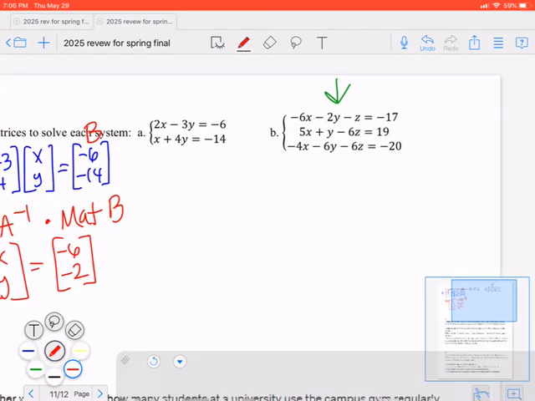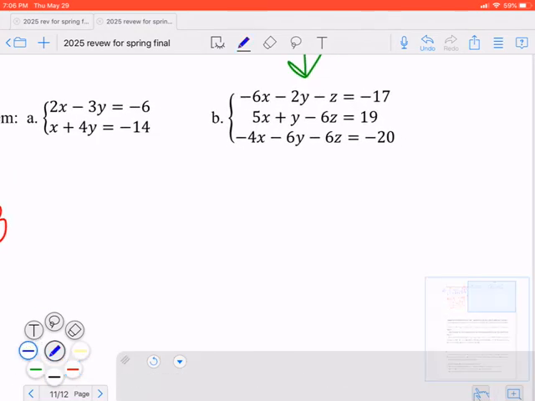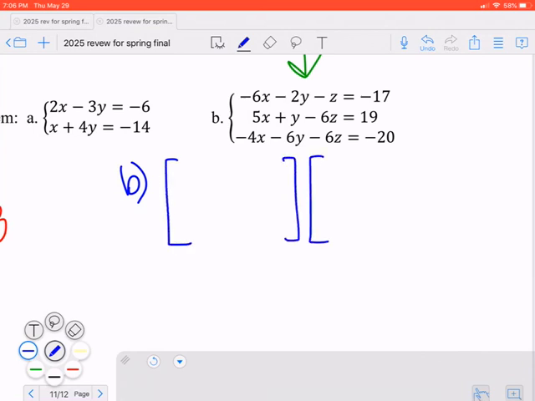All right, and same thing, but you can't do this one longhand. You have to use the calculators because we didn't learn how to do an inverse of a 3 by 3. It's like a whole big long page of work. You want to use the calculator. So we've got x, y, z.